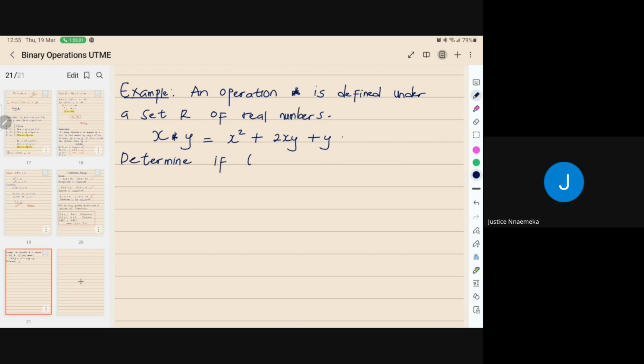It says determine if the operation is commutative under the set R, please.